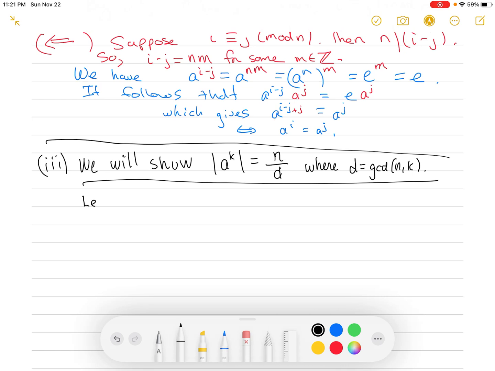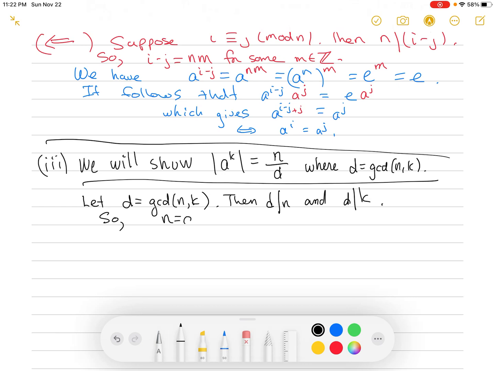Okay, so I'm going to start this by saying let d be the greatest common divisor of n and k. I'm just using that letter because I don't want to have to write the GCD every time. It's a little cumbersome to write that. That means d divides n, and d divides k. It's a common divisor of n and k.